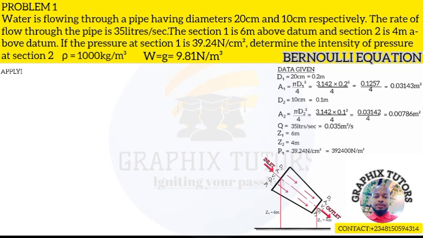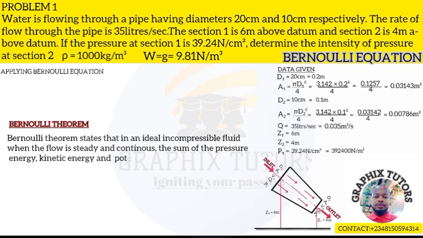We'll move forward. Since we'll be applying the Bernoulli equation to this problem, before I write out the formula, you need to understand what the Bernoulli equation states. It says that in an ideal incompressible fluid, when the flow is steady and continuous, the sum of the pressure energy, kinetic energy, and potential energy, which is the datum here, is constant along the streamline.